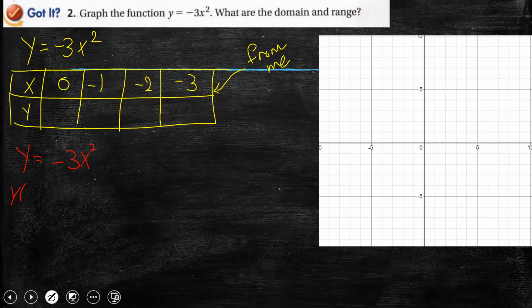Y of 0 is negative 3 times, and the point here is 0. That means I have to evaluate 0 instead of x, because my point here is 0.